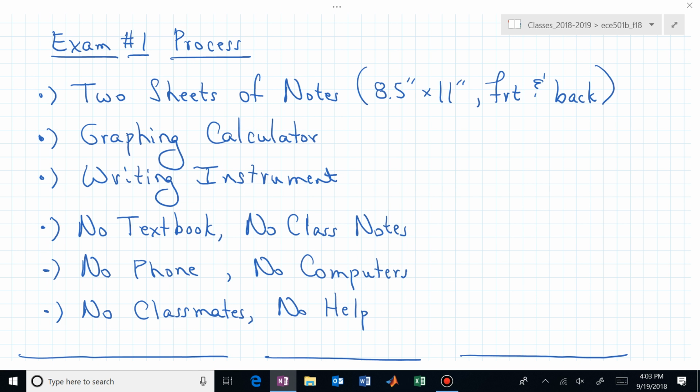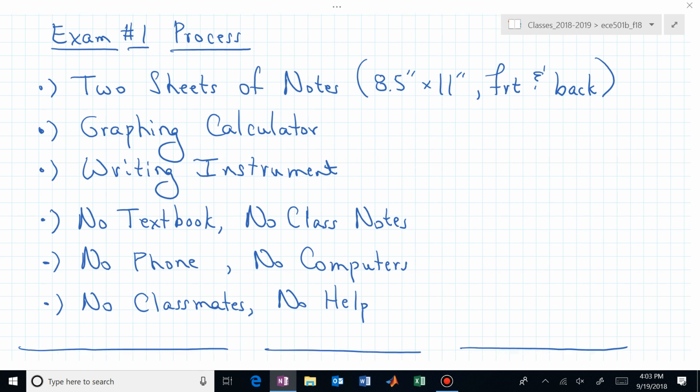I'm all for comfort, especially since you need to have your head on straight for the exam so that you can be thinking clearly. Something to write with, but everything else is basically not available. No classmate, no textbook, no class notes, no phone, no computers, no asking your neighbor for help. That's the process for exam number 1.